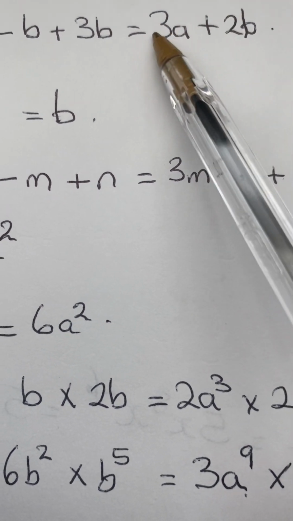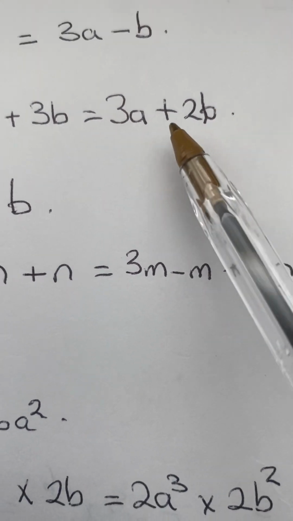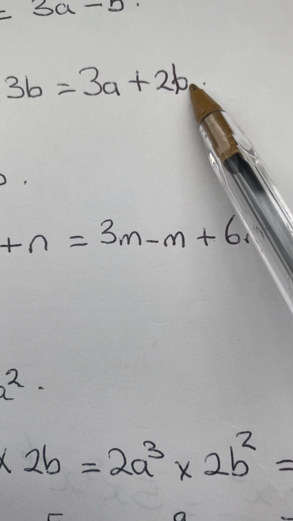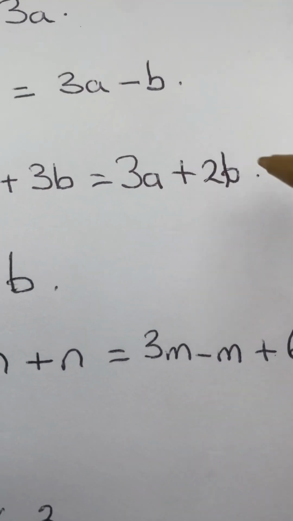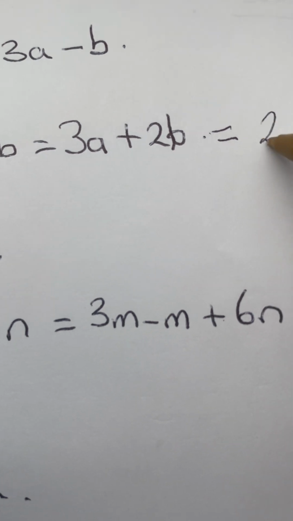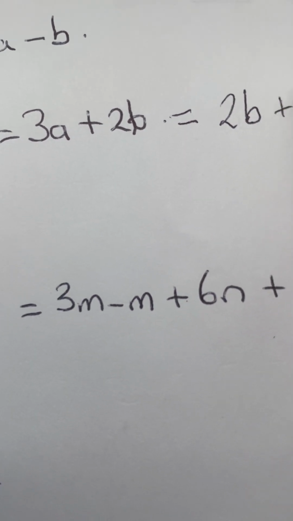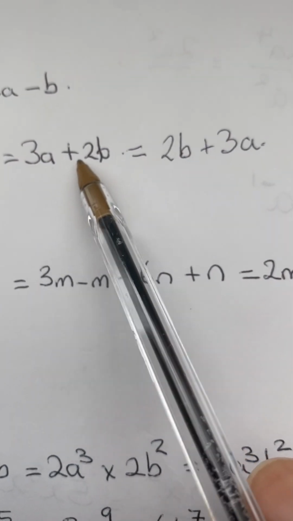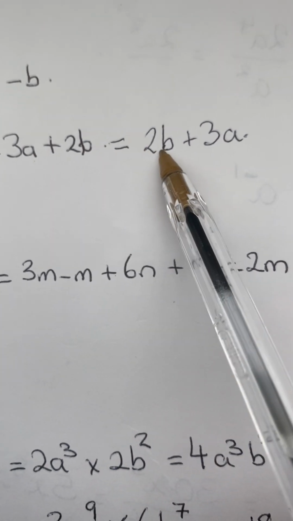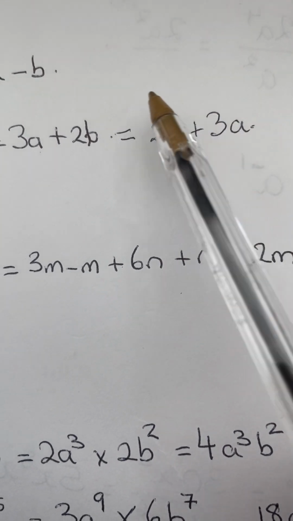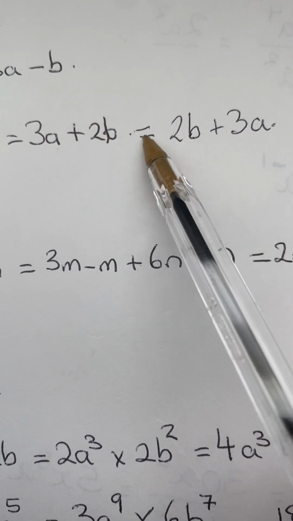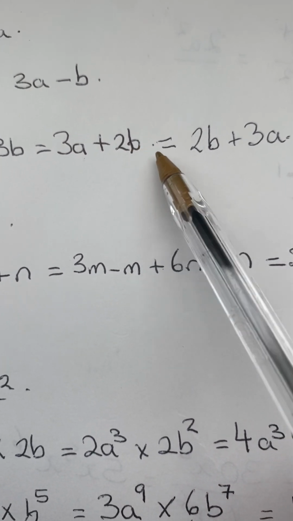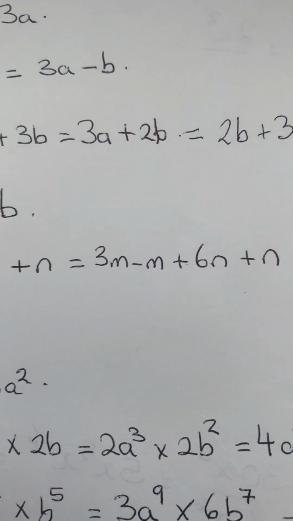Here too, there are no common factors. So our answer will remain 3a add 2b. Also, we can also write it as 2b add 3a. Okay, so 3a add 2b or 2b add 3a. Whichever way you swap it around is right because it's addition. So it's like 3 add 2 or 2 add 3 is the same.